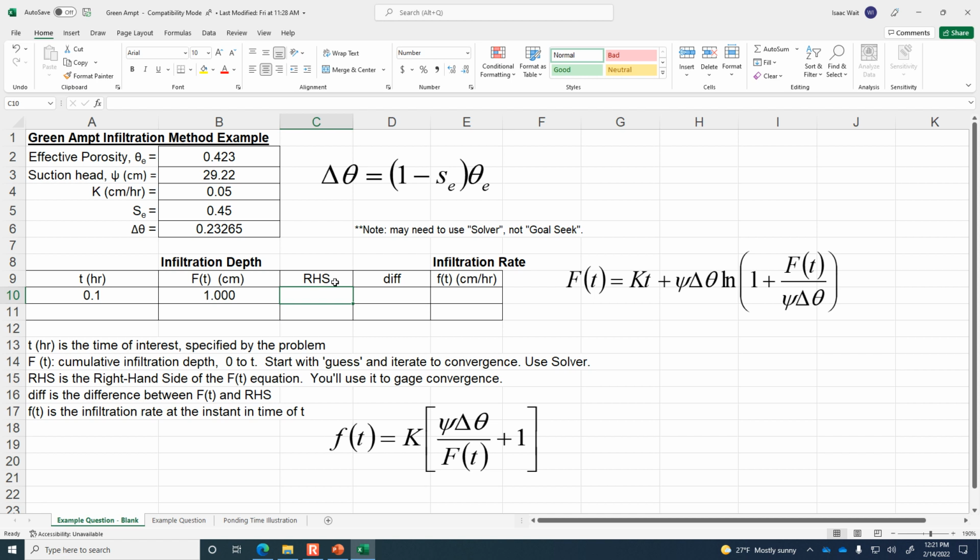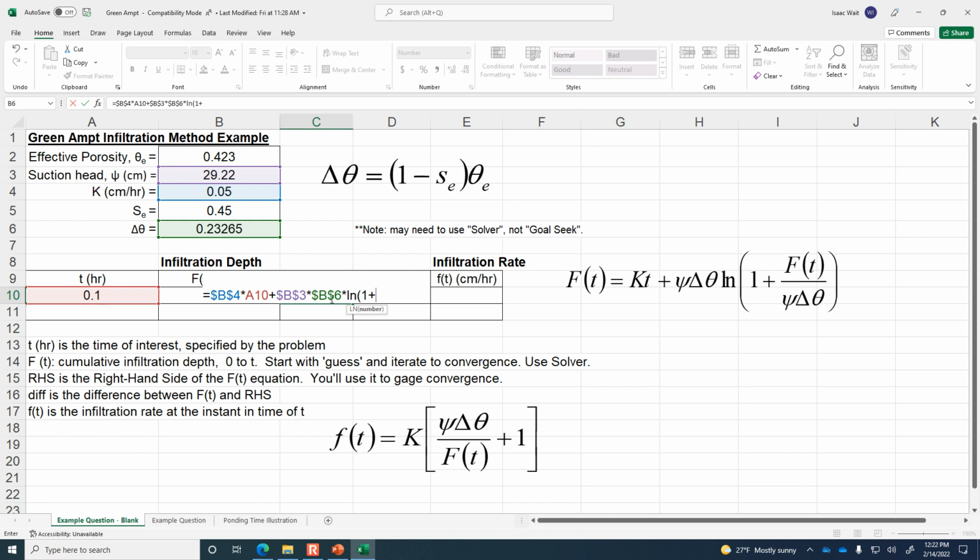So it starts off with K times t. So K, and I'll anchor the reference there because later that'll enable me to drag down to the next row for 0.2 hours. K times this time, after 0.1 hours, which is 6 minutes, plus psi, anchor that reference, times the delta theta, anchor that reference. Now times the logarithm ln, and inside the parentheses we'll have 1 plus F sub t.